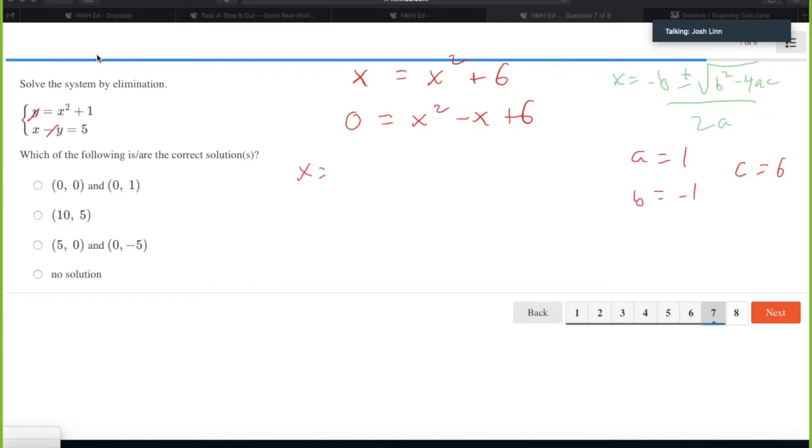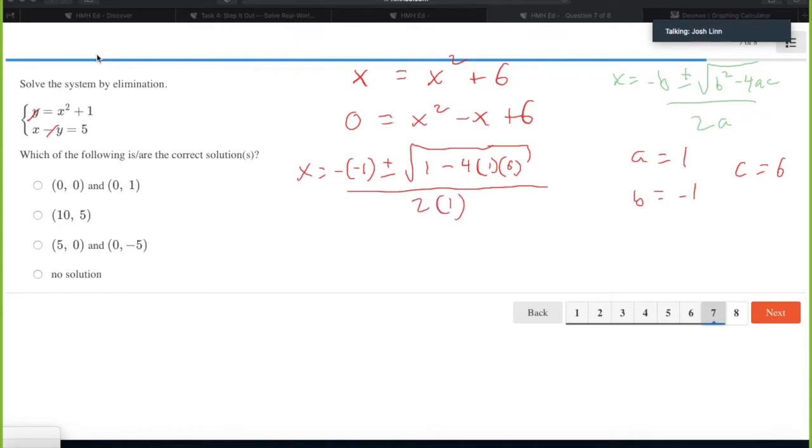So x equals negative b, so -1, plus or minus the square root of b squared, which is just 1, minus 4 times 1 times 6, all over 2 times a.